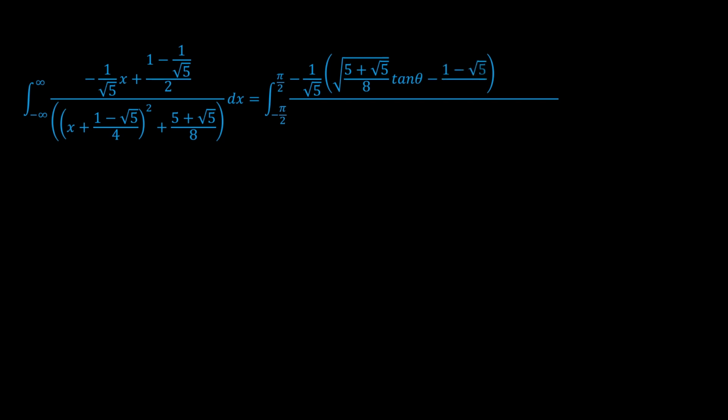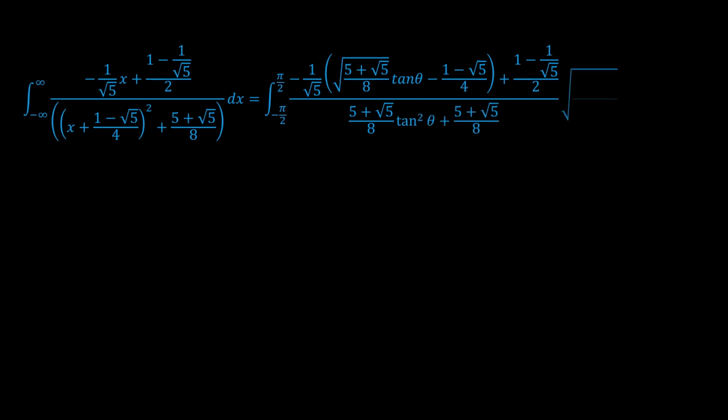The integral in the x domain can now be transformed into the theta domain. So in place of x, we can substitute the square root of 5 plus root 5 over 8 tan theta minus 1 minus root 5 over 4.